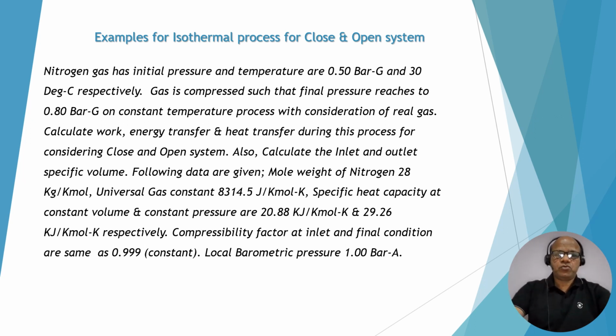The following data are given: mole weight of nitrogen 28, universal gas constant 8314.5, specific heat capacity at constant volume and constant pressure 20.88 and 29.26 respectively. Compressibility factor at inlet and final condition is 0.999, and both are the same. And local barometric pressure is 1 bar absolute.